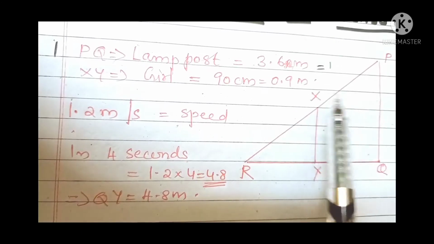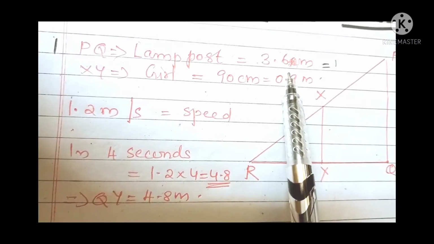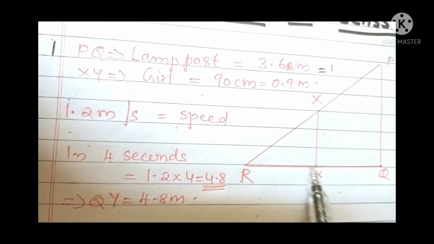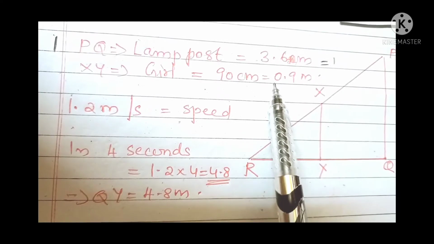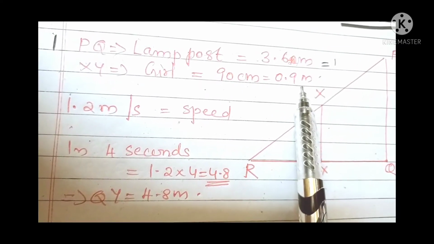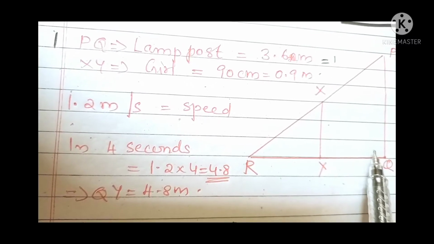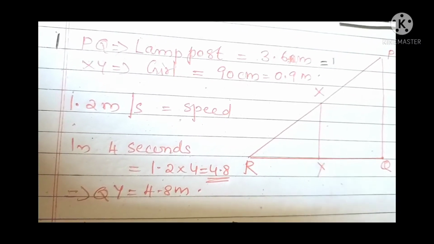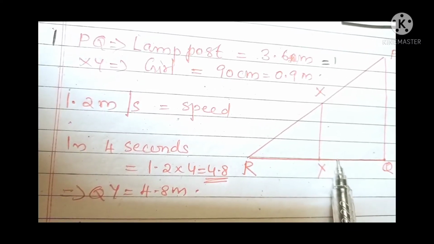Since PQ is the lamppost, its height is 3.6 meter, and XY represents the girl, her height is 90 centimeter, that is 0.9 meter. Then the girl is moving away from the lamppost, so we want to find the distance.